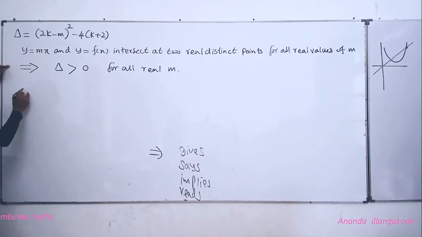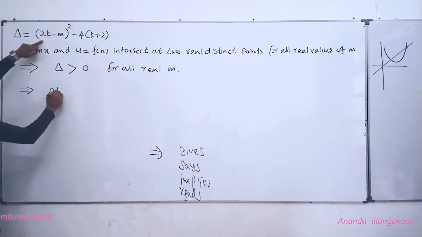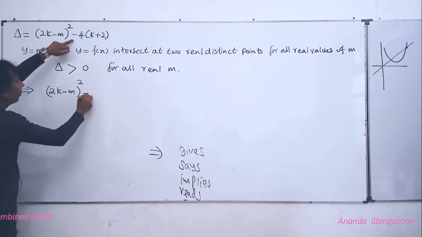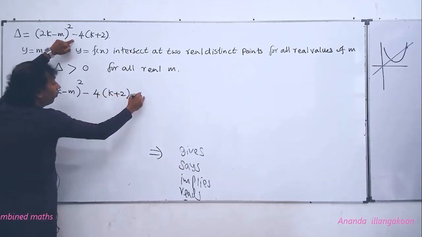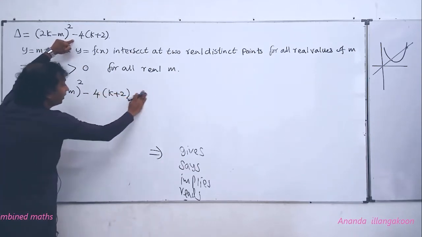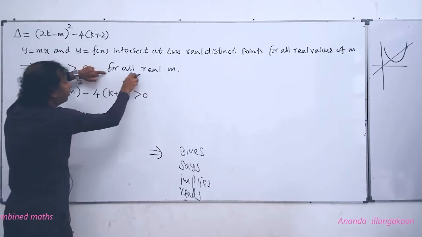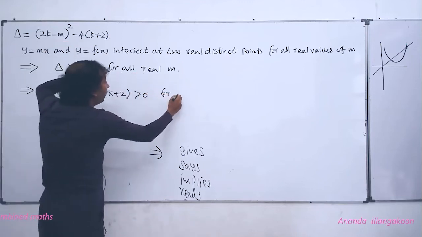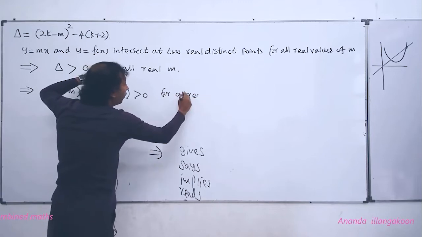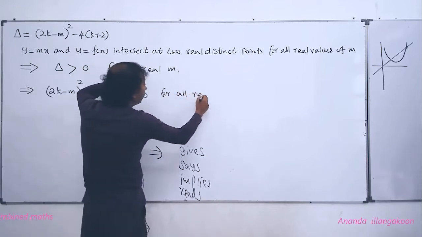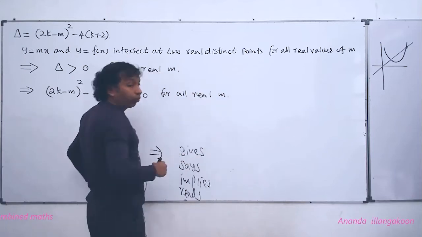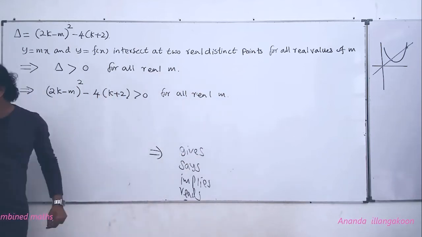This statement implies, substitute for this delta, (2k minus m) perfect squared minus 4(k plus 2) less than 0. Sorry, not less than 0, greater than 0. But this one comes in here. For all real m. Right.